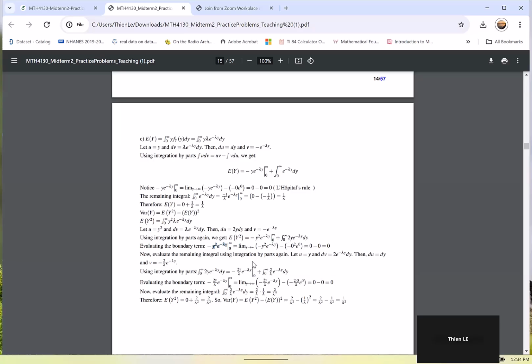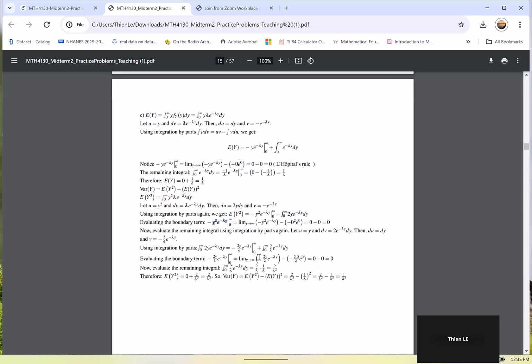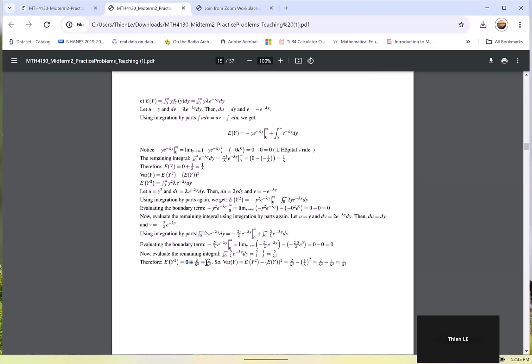And from that, you can get your E of Y squared equal to this quantity, and from that you can find the variance. So again, this problem is more or less just integration by parts, right? For the first moment you do it 1 time, the second moment you do it 2 times. The main point here is just you reduce the y squared to a constant, and then the other time you can process the integral.